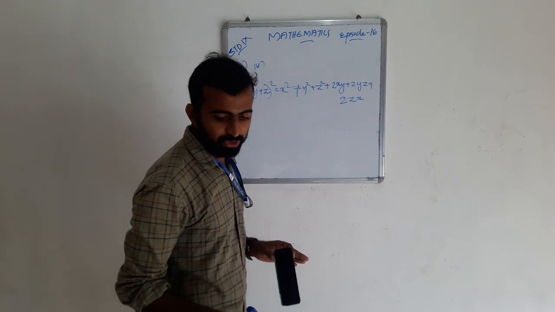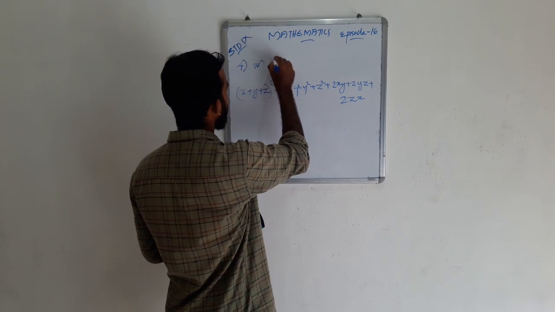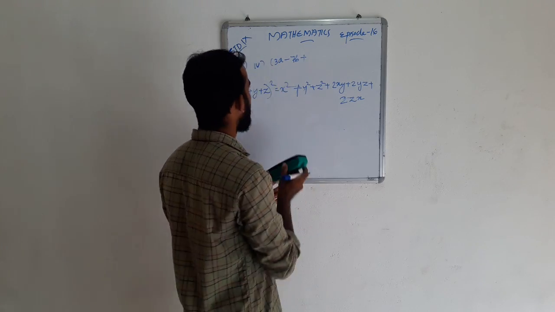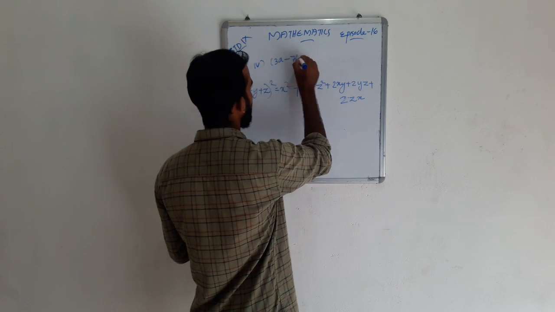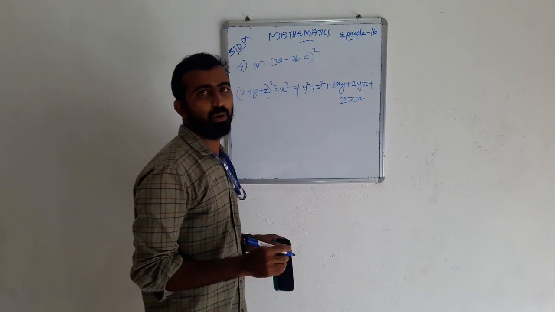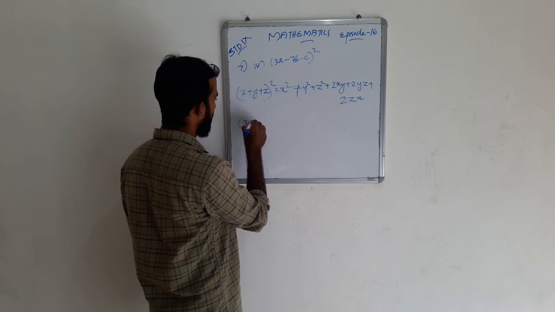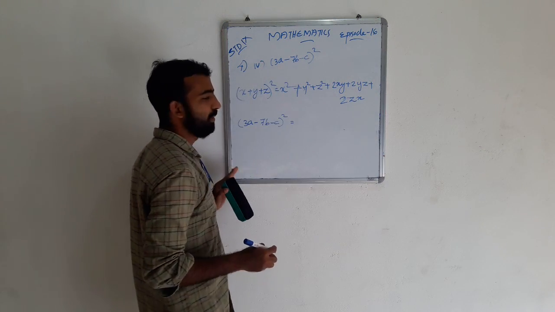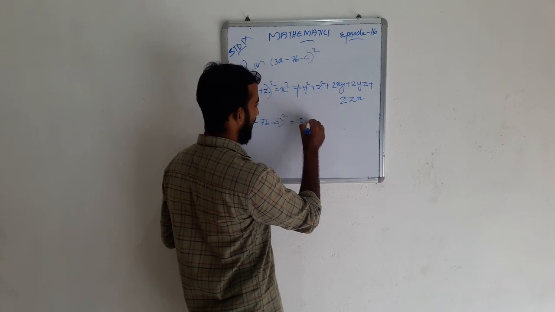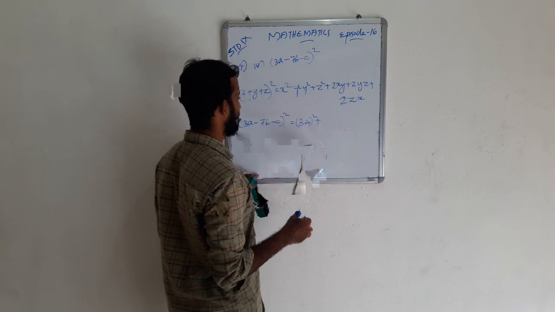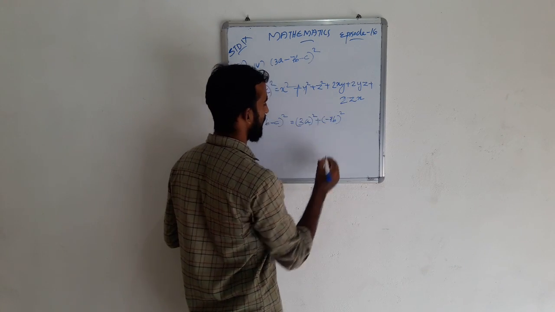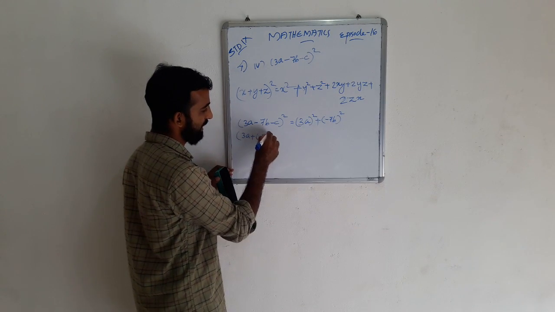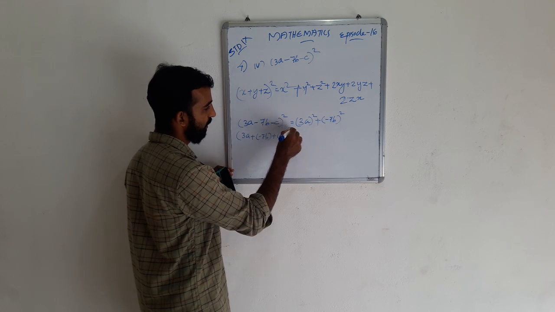Fourth question is 3a minus 7b minus c the whole square, equal to what we get: 3a plus negative 7b plus negative c the whole square.